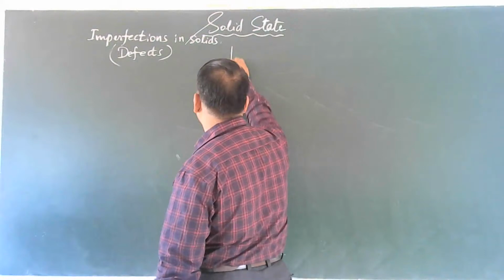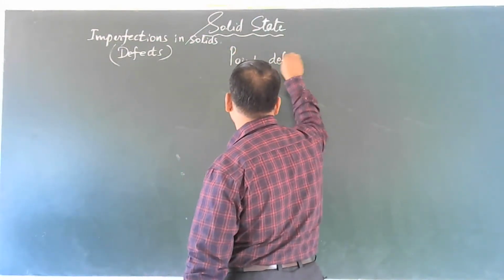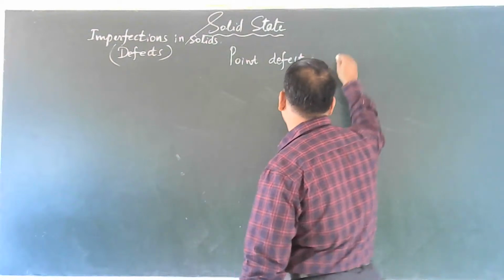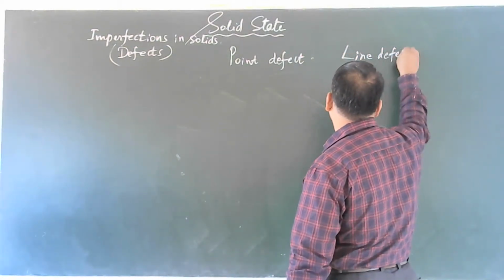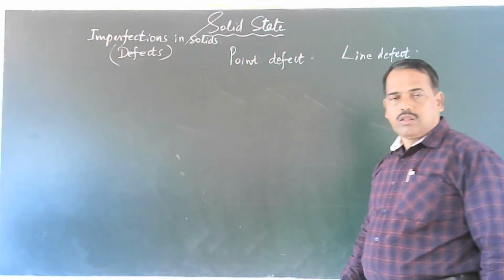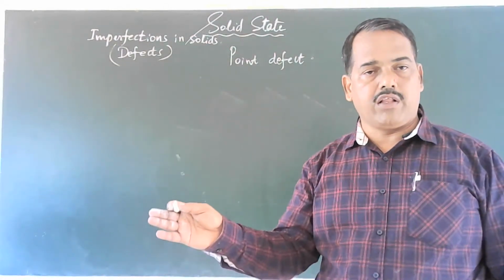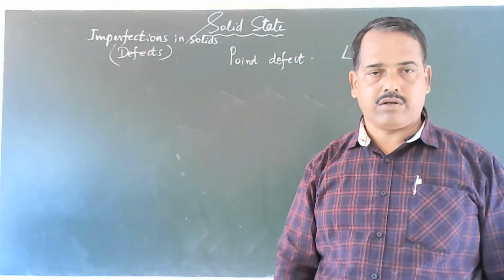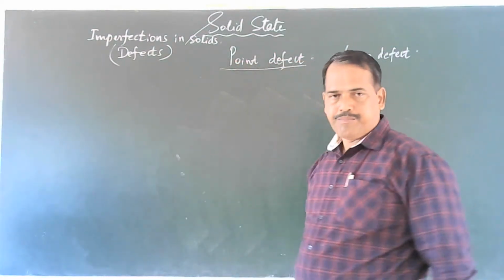See, there are two types of defects. One is point defect, and another one is line defect. Are you clear? What are those? One is point defect, another one is line defect. According to your syllabus, you have to study the point defect.